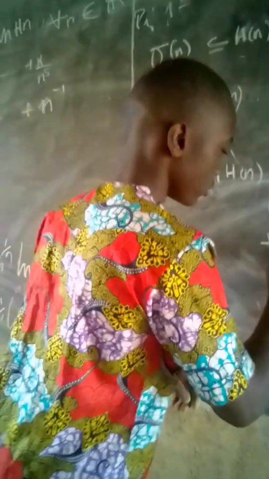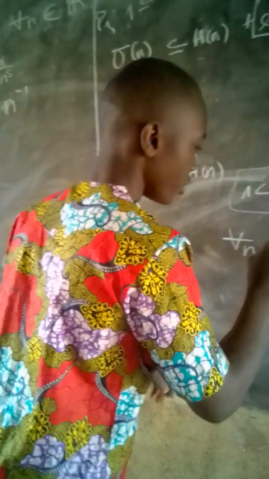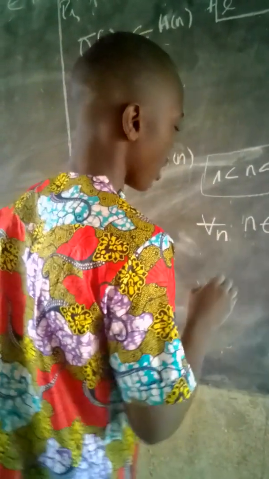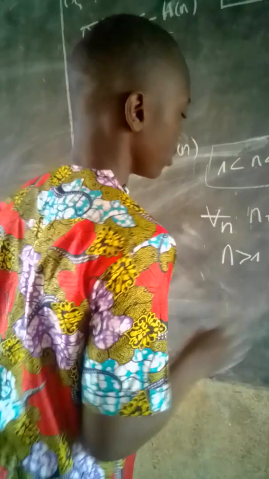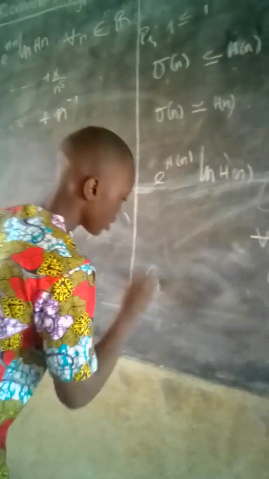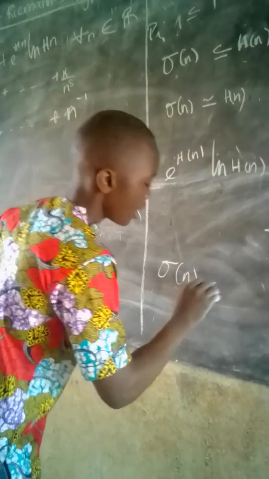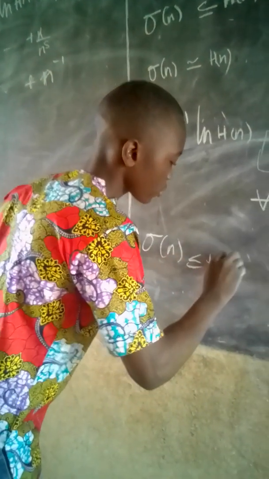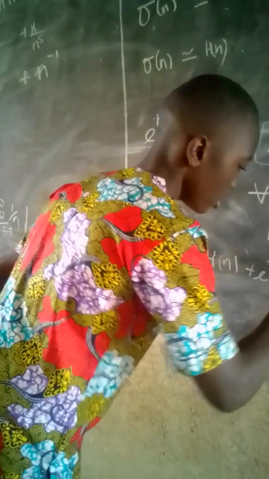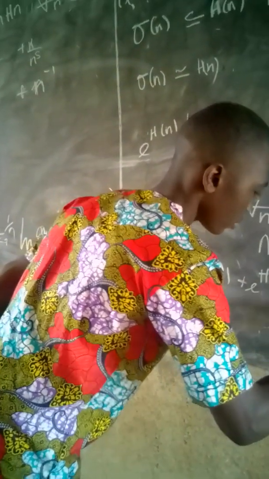So we can see that for all n belonging to the set of real numbers and n greater or equal to 1, this sigma n is less or equal to Hn plus e to the power Hn ln of Hn.